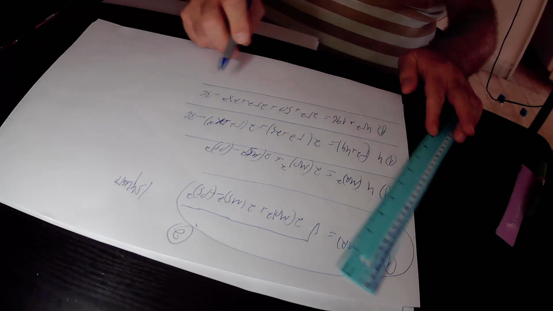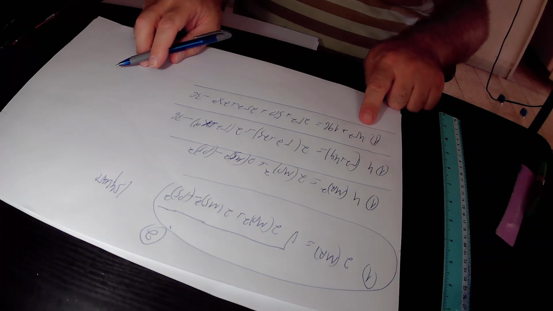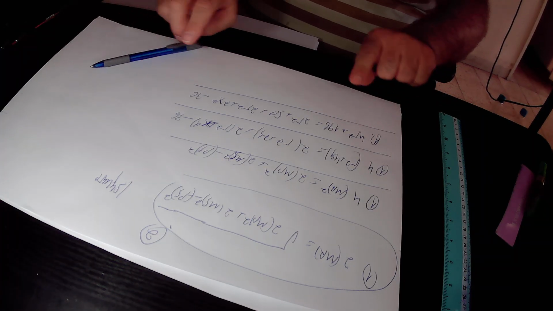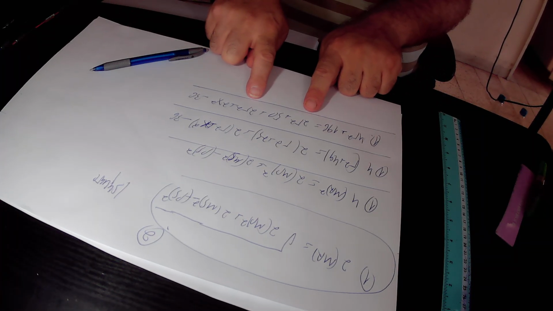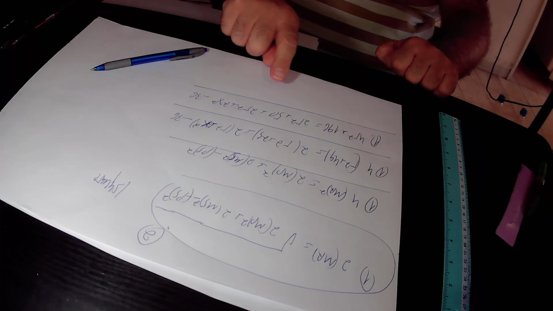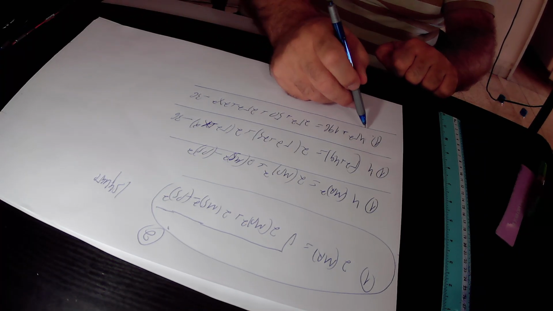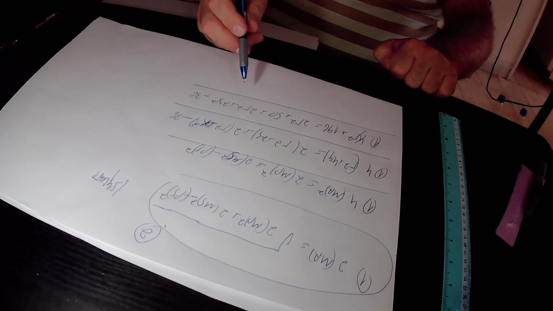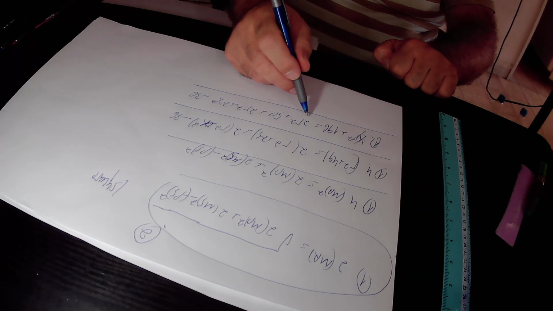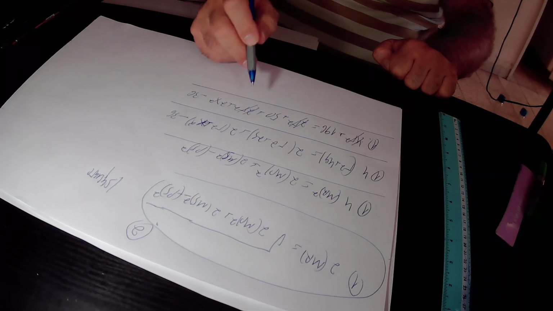So we have 4r squared on this side of equation 1, and we have 2r squared plus 2r squared on the other side, which is of course 4r squared. So we will cancel 4r squared from both sides of this equation.